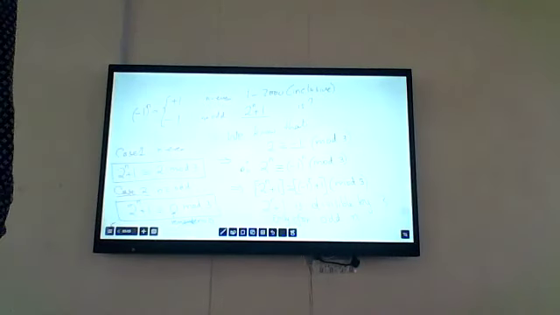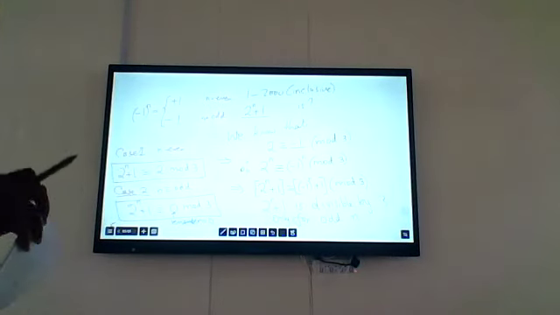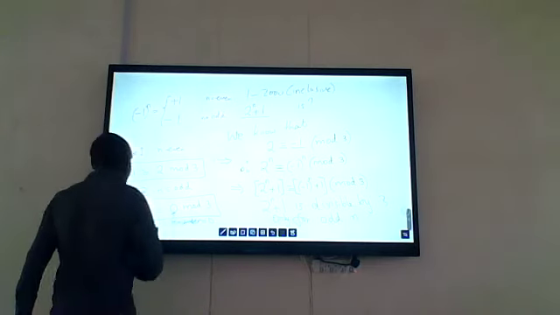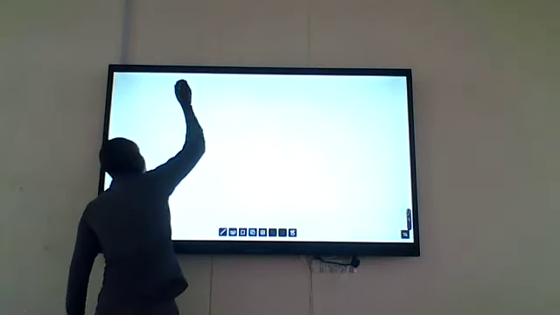Then the other properties, so theorem 2.